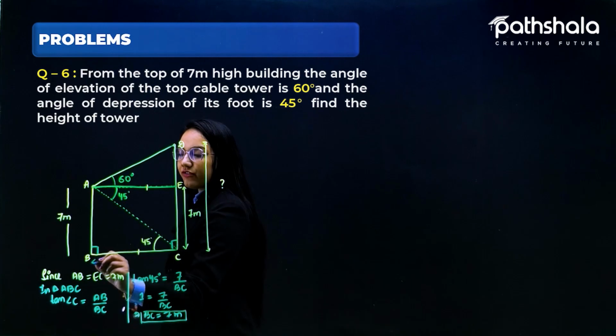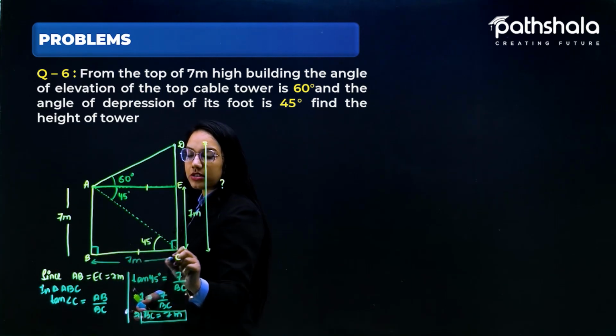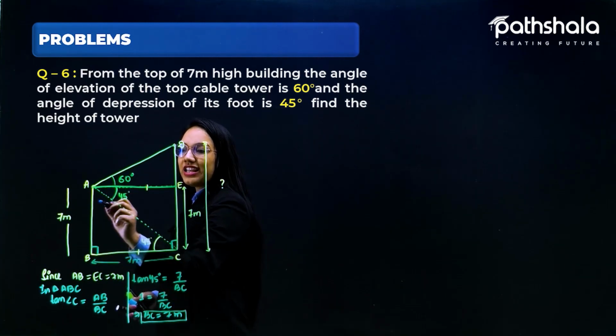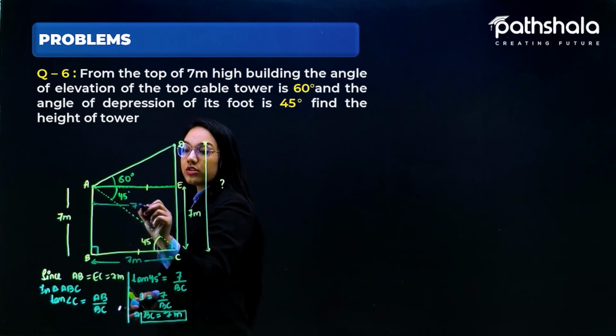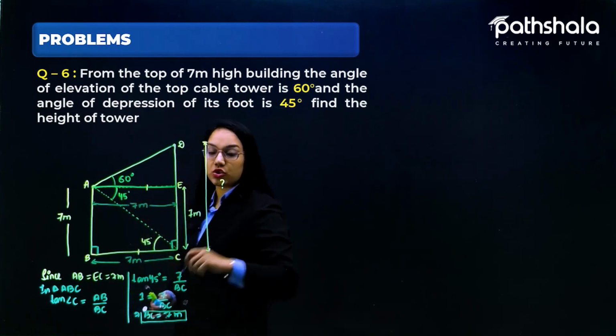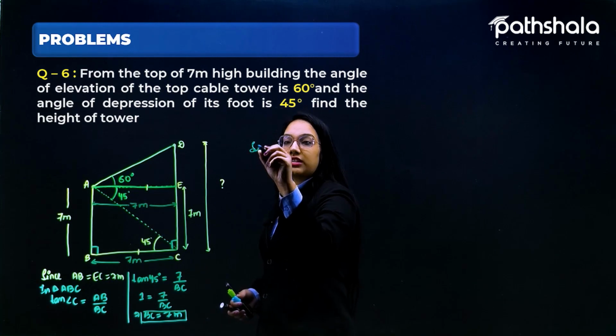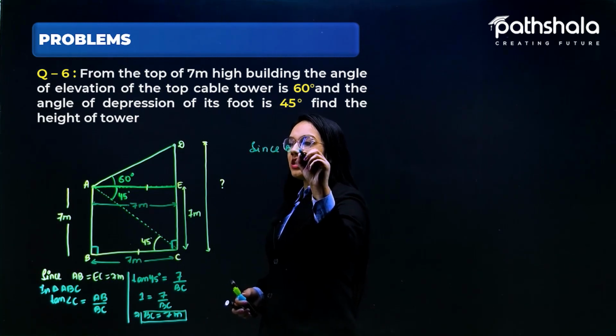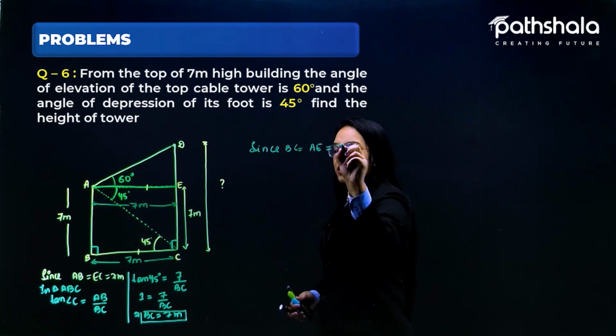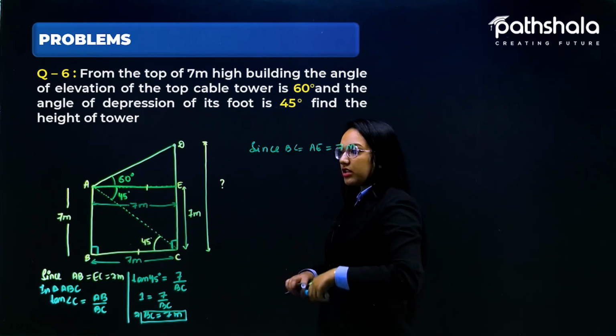If BC is 7 meters, then obviously AE is also 7 meters. Since BC is equal to AE and AE is 7 meters, we can further calculate the DE value.